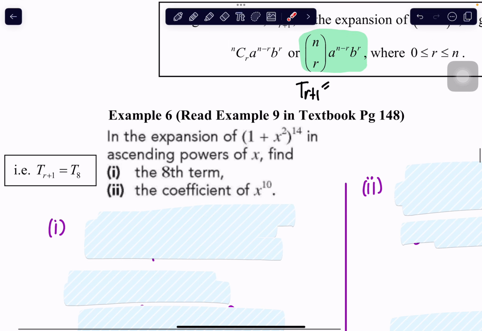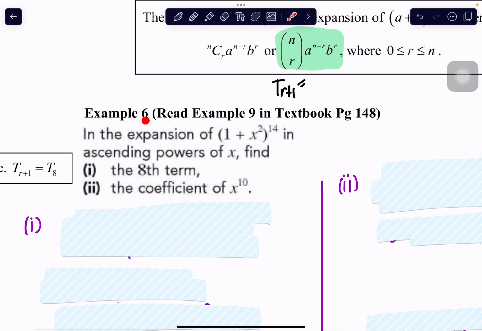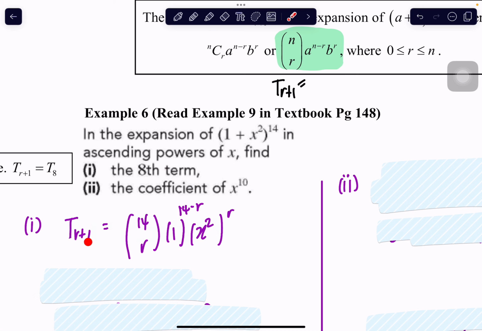The first question here, example 6, requires us to find the expansion of this in ascending powers of x, and I would just like to find the 8th term. Without having to expand everything, how do we do that? I'm going to write down T_(r+1), the general term, equals 14 choose r.